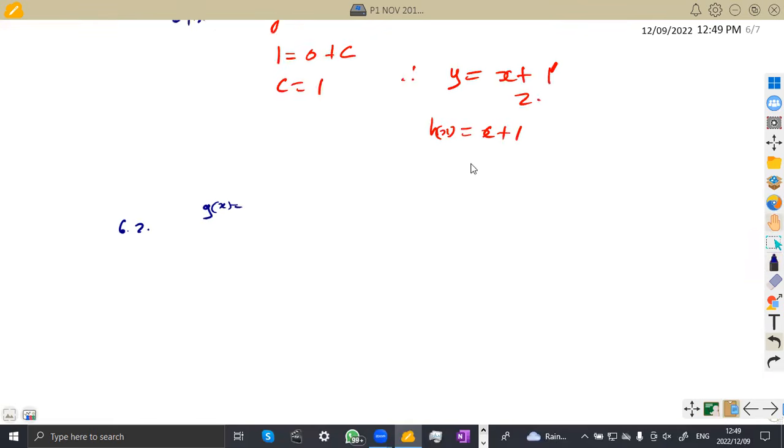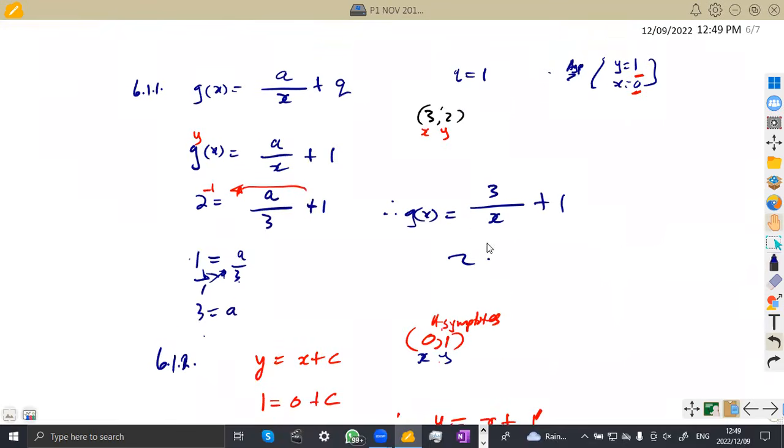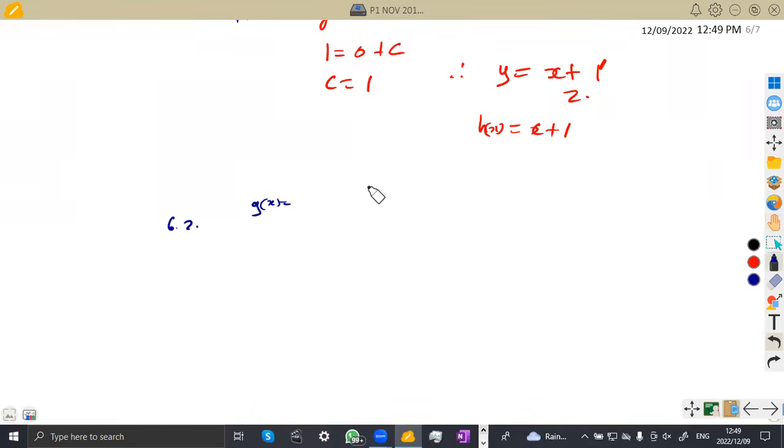Remember, from our g(x), we had 3 over x plus 1. And already we have our asymptotes, where we said x is equal to 0 and y is equal to 1. So far, this is what we have.